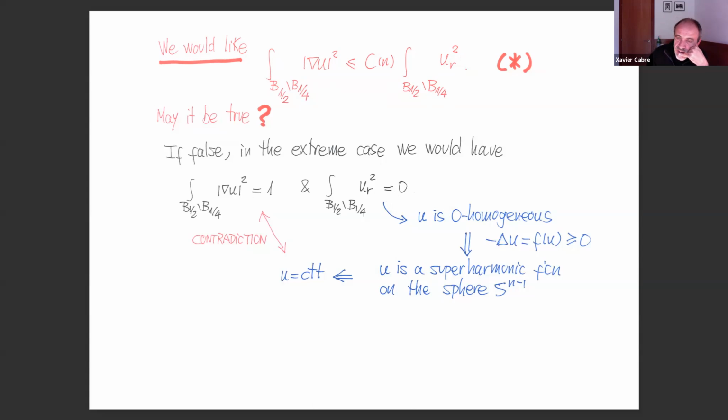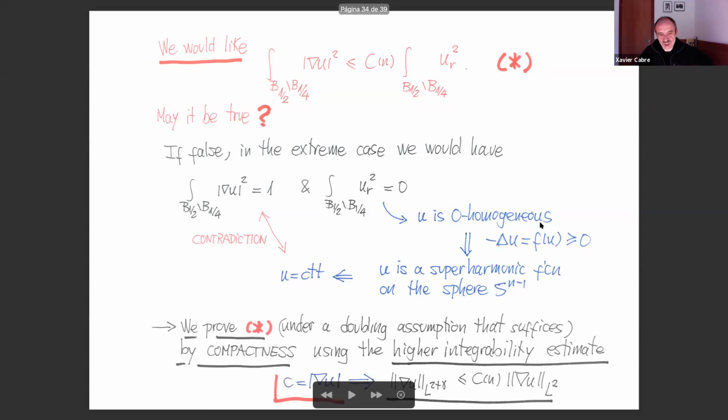So it means that it's a function of the angles only, defined on the sphere. And it's superharmonic. Here is where I'm going to use that f is non-negative in the strongest way. It's superharmonic, but there is no superharmonic function on the sphere unless only constants. But then if it's constant, this cannot be 1. Contradiction. But of course, this is a heuristic argument in the limiting case. But we succeeded to prove this by a compactness argument.